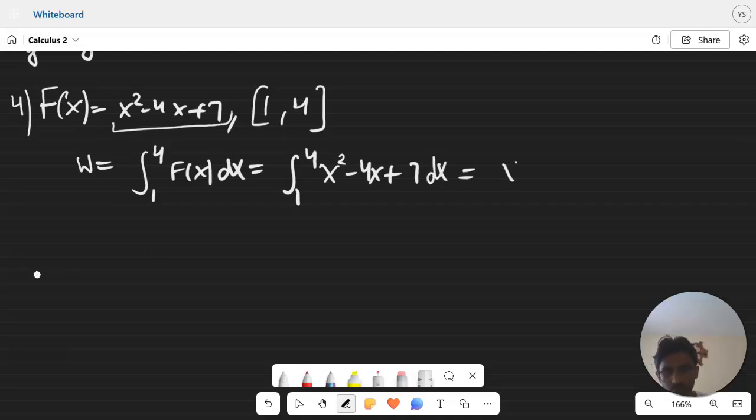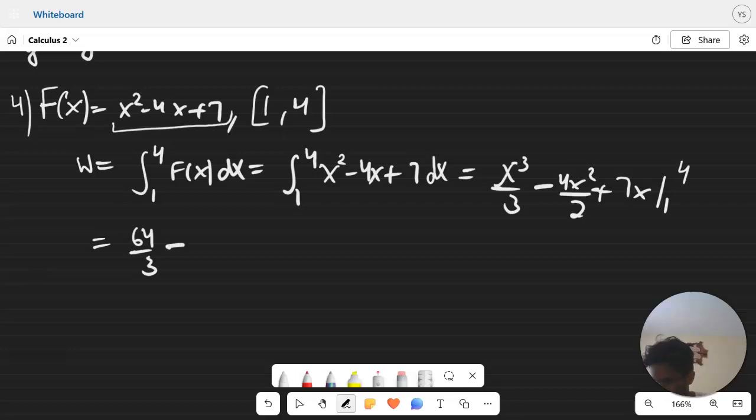That's going to be equal to, if we go on solving, x cubed over 3 minus 4x squared over 2 plus 7x, solving the integral from 1 to 4. Now that's going to be equal to 64 over 3 minus 64 over 2, plugging in the upper bound, minus 1/3 minus 4/2 plus 7, the lower bound.